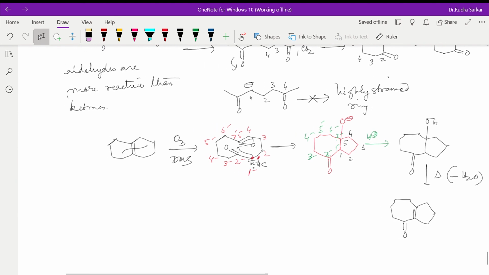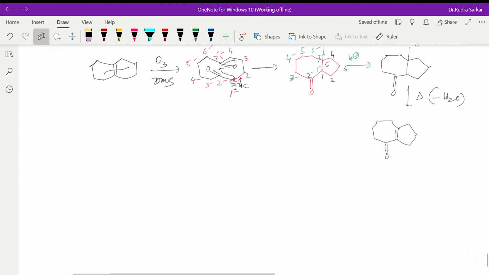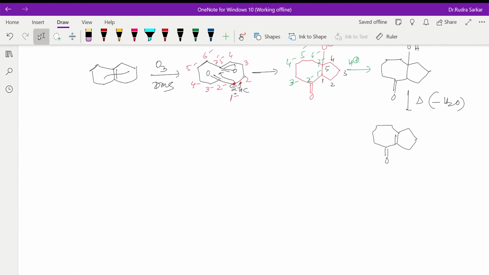Now the next thing that we will be doing, suppose I have given you starting materials. Okay, how to find starting material. Suppose I've given you something like that.